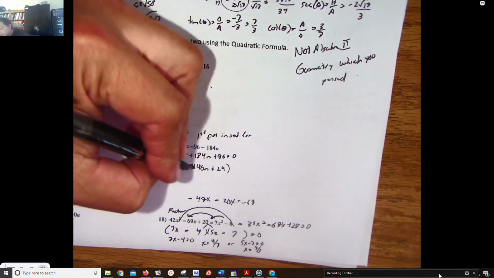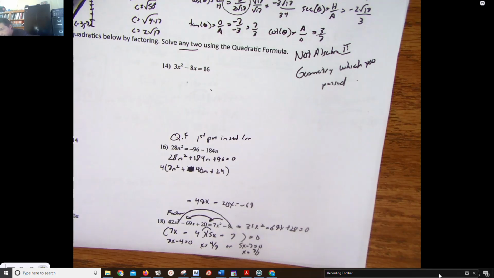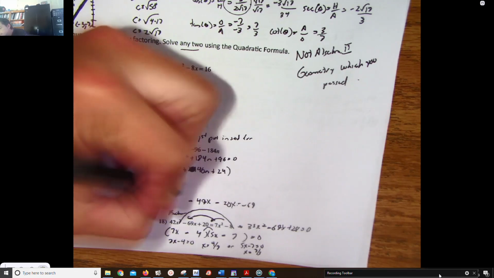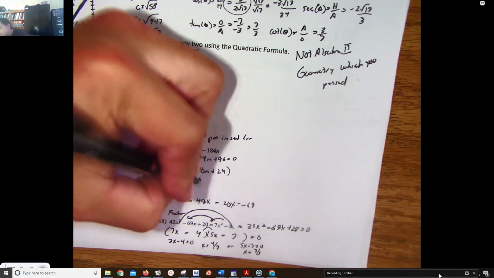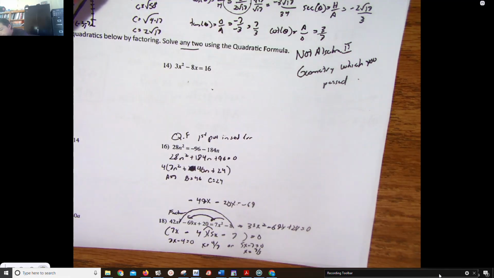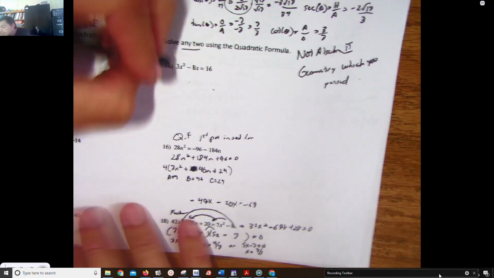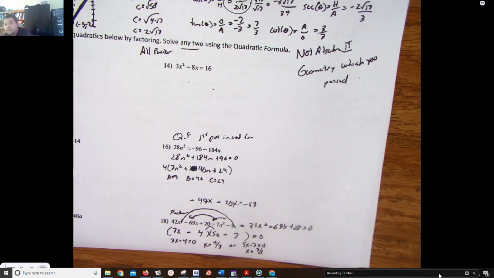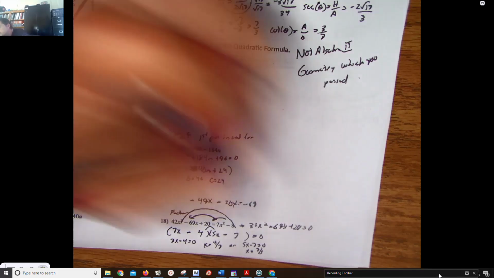That makes the numbers quite a bit smaller. And there's nothing else you can pull from it. But A is now 7, B is now 46, and C is 24. And by the way, it would factor. These do factor. They all factor. I'm going to get nice answers out of the quadratic formula.